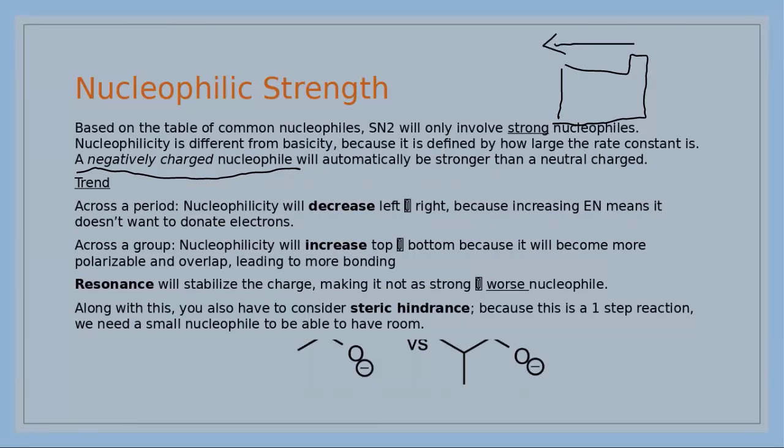And as we go from top to bottom, it's going to increase because when we have larger atoms, the negative charge is going to spread out more. It's going to lead to more bonding because we can have the large group overlap with the leaving group electrophile area. The larger the nucleophile, the better the nucleophilicity.